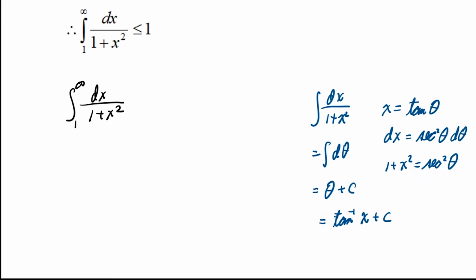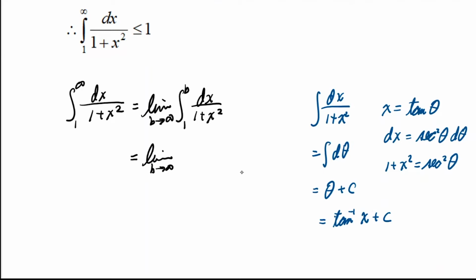So we plug that in here, but we are supposed to rewrite this into a proper integral. Remember that? So we'll convert that and put 1 to b, dx over 1 plus x squared. So far so good? Then here I'm going to write down this work. This thing turns out to be inverse tangent of x from 1 to b.